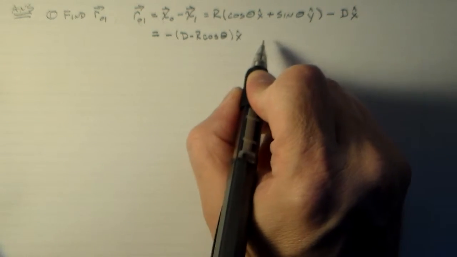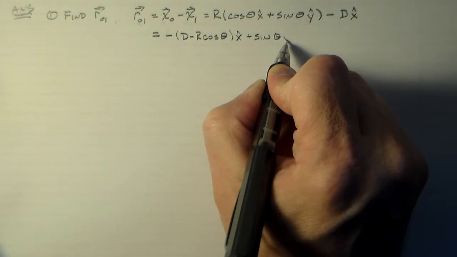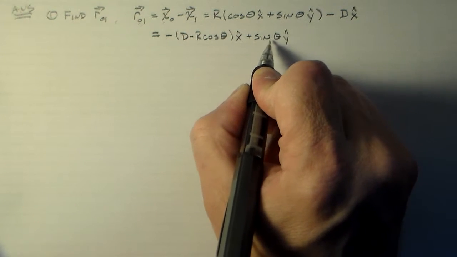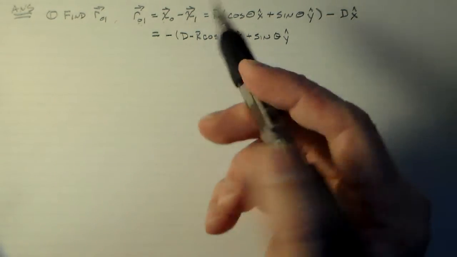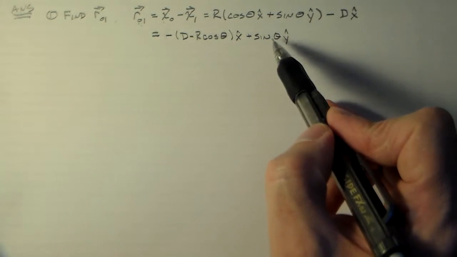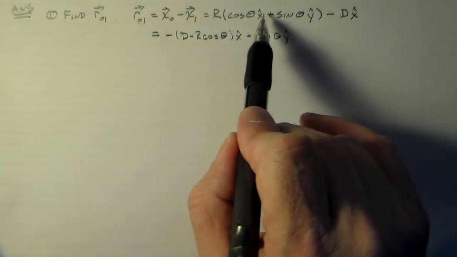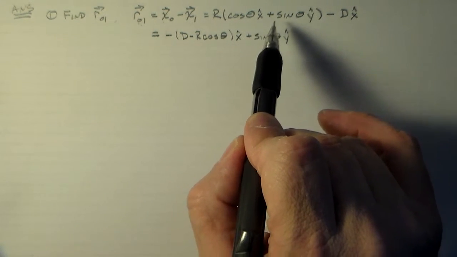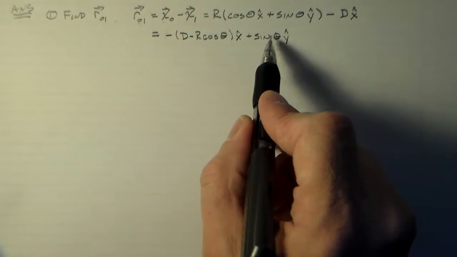And then we have a plus sine theta y hat. We put the source charge along the x direction and the object in the first quadrant, so it should be going somewhere upwards, so we're good.